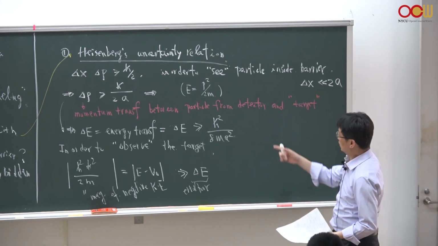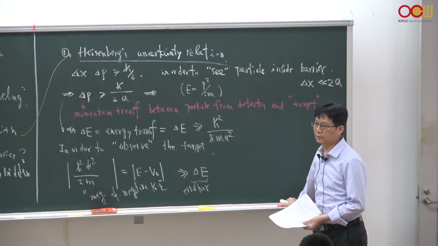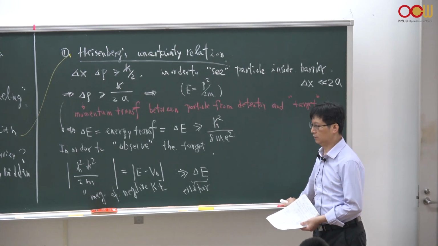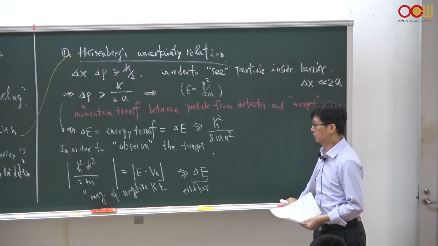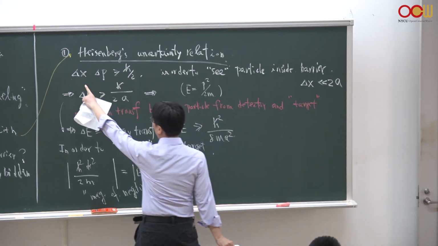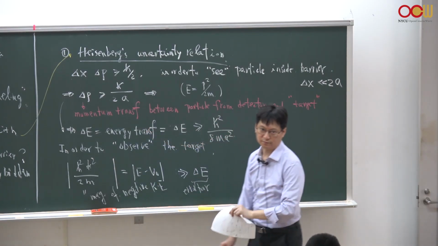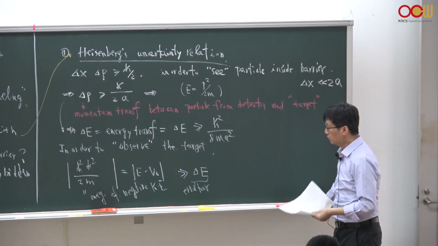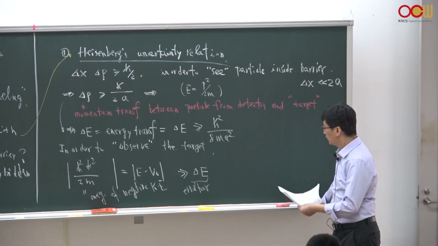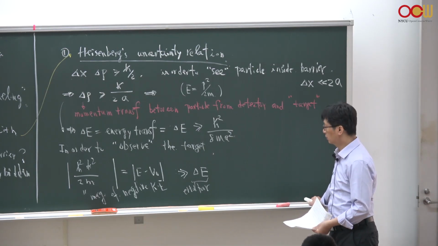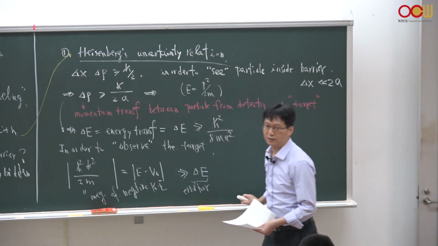So this delta E can also be understood as the error bar in determining the energy. Your detector has all sorts of error bars in determining the position, momentum, and also energy. So in order to really identify this particle, the error bar in determining the energy of the target should be much smaller than the magnitude of the kinetic energy.